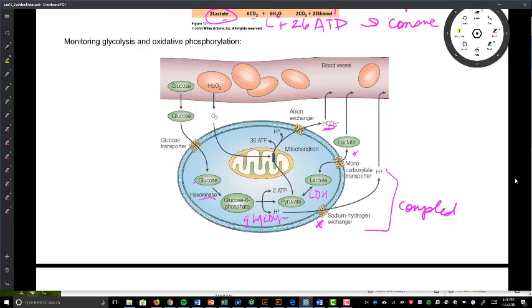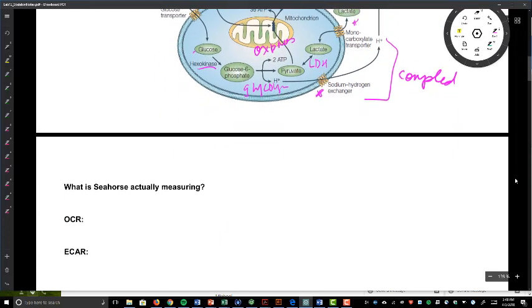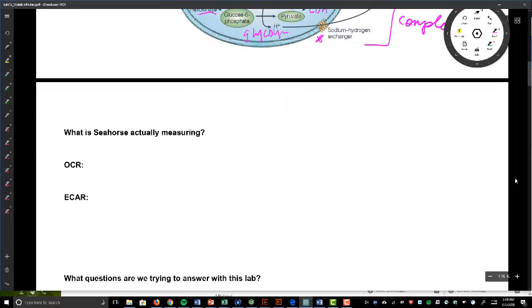Now, the connection between oxygen consumption and oxidative phosphorylation, on the other hand, is a little easier to see, because in order to go through oxidative phosphorylation in the mitochondria, that oxygen must be taken up there. So again, what is the Seahorse actually measuring? With oxygen consumption, the OCR is the oxygen consumption rate.